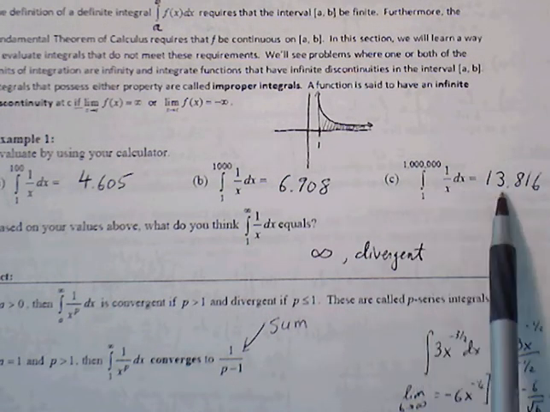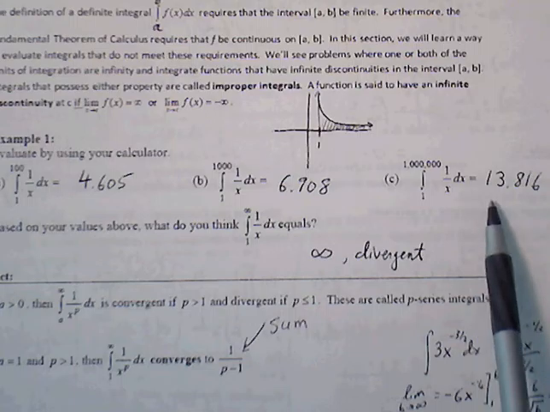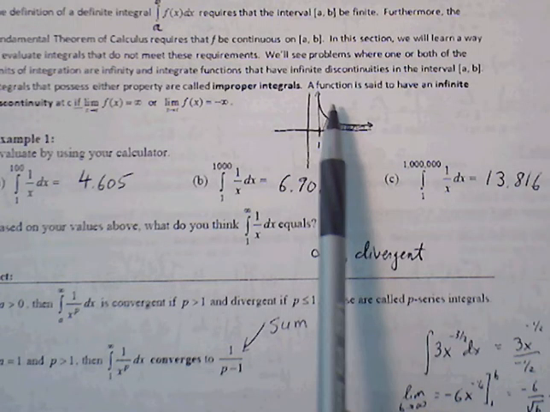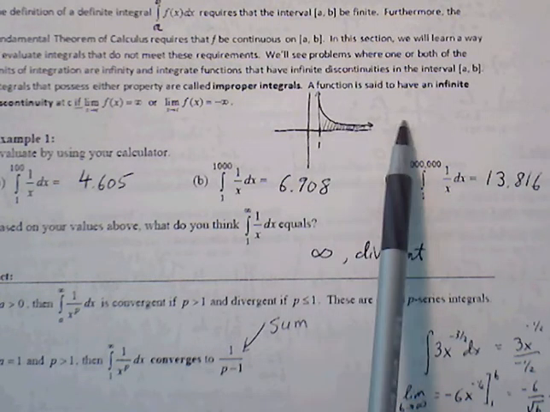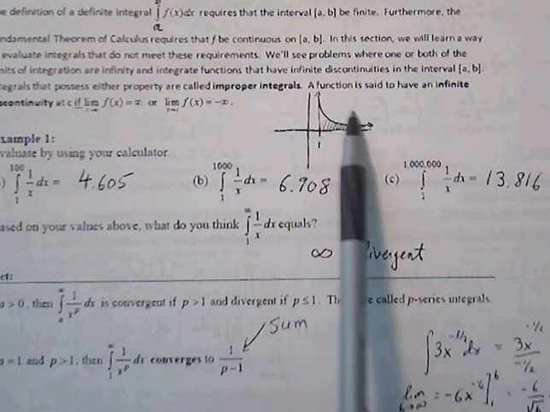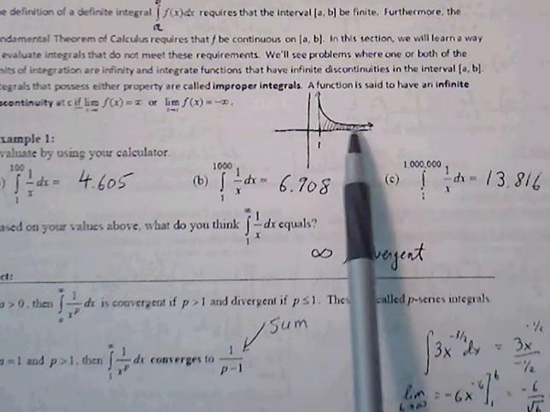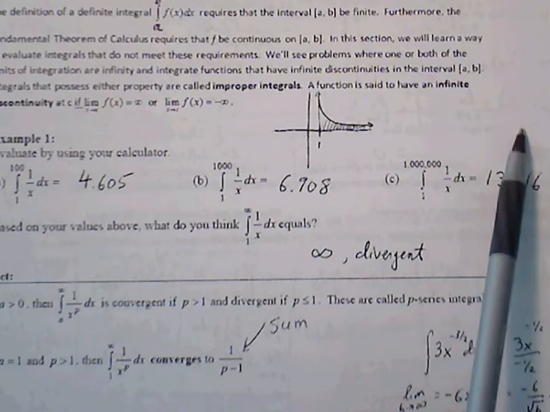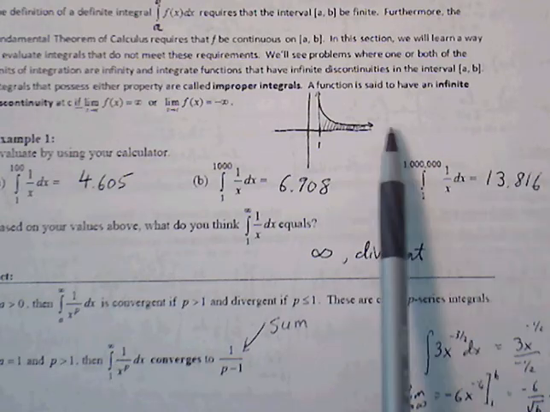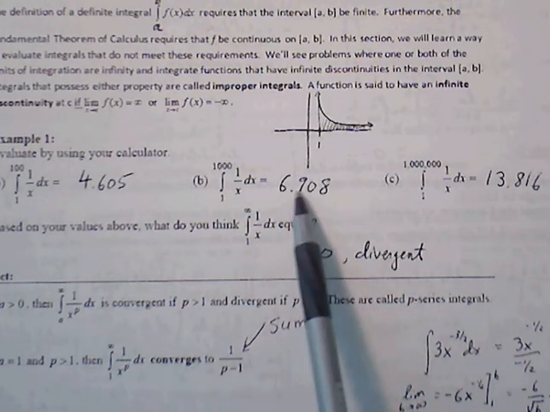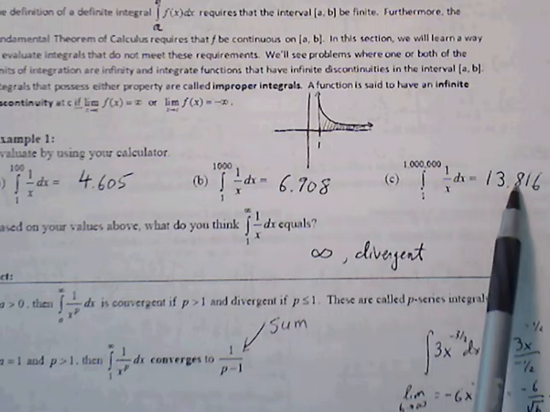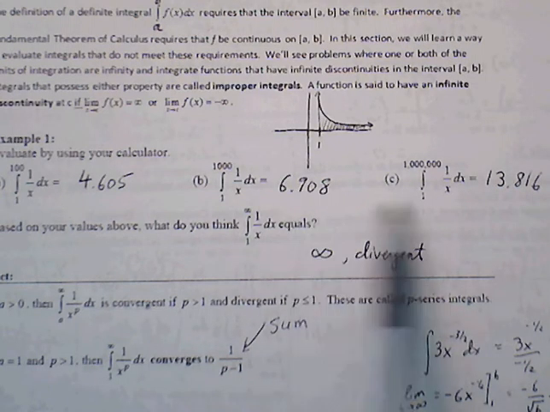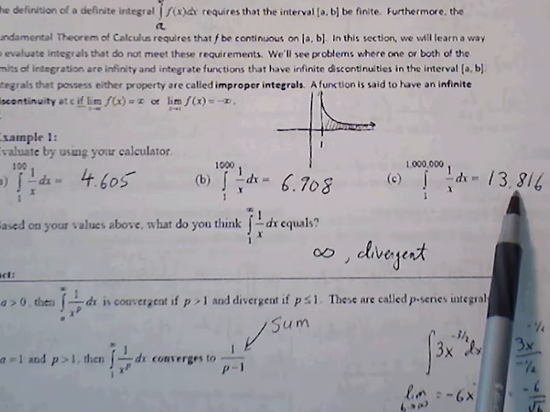From 1 to a million will be 13.816. So we see that even though this graph is closing in on the x-axis, it's not closing in fast enough to cause this function to get closer and closer towards a sum. The sum is still increasing.